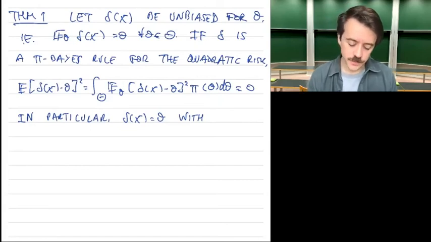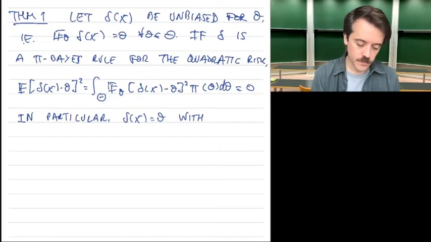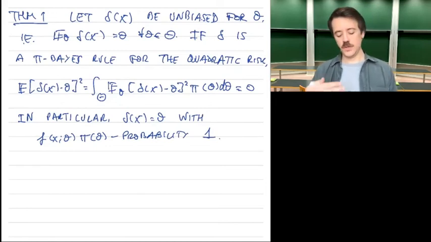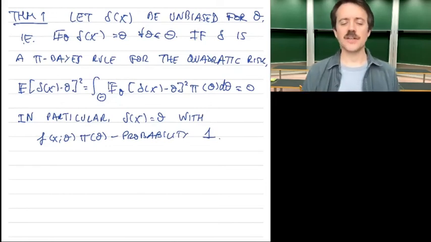So this is the f x theta pi theta distribution. So probability 1 with respect to the posterior, essentially. So it's the unnormalized posterior.